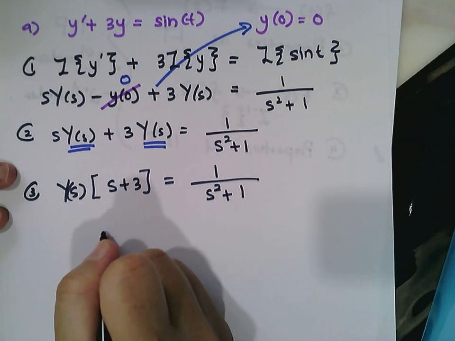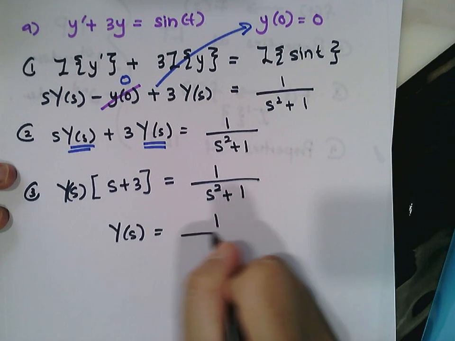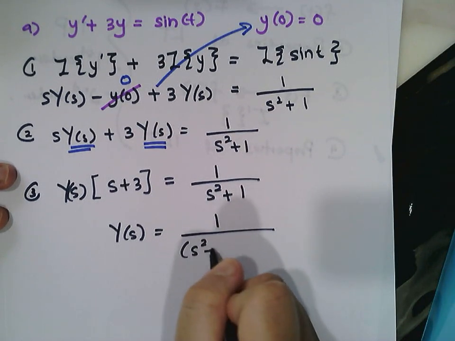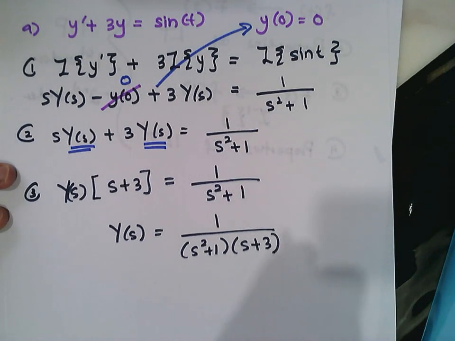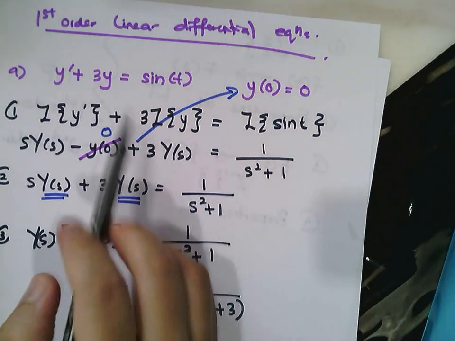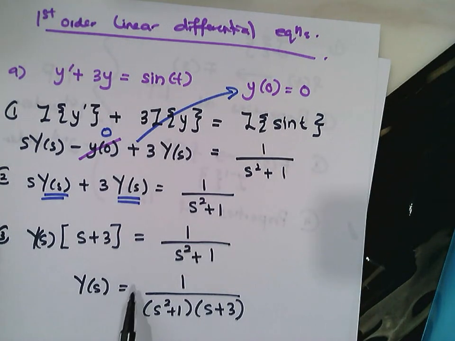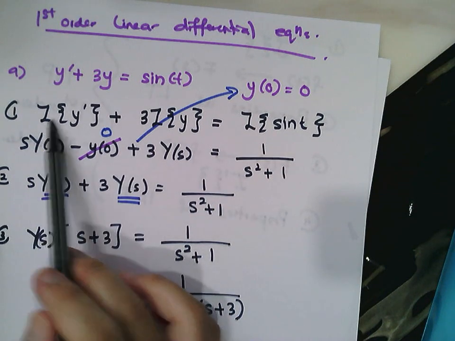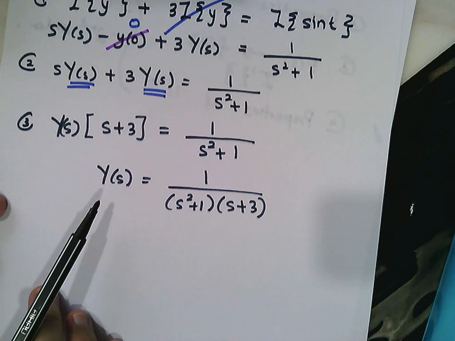So therefore your Y(s) is equal to 1 over (s squared plus 1)(s + 3). Okay, so now from your t you have s, so you are applying Laplace transform. So now this is your Y(s).